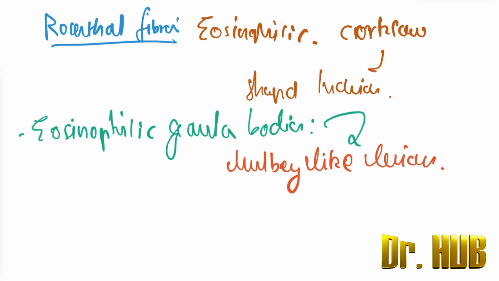So let's recap. There is a biphasic architecture, there are bipolar cells, which are the tumor cells, and there is the presence of Rosenthal fibers and eosinophilic granular bodies.